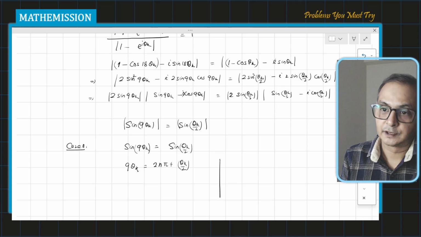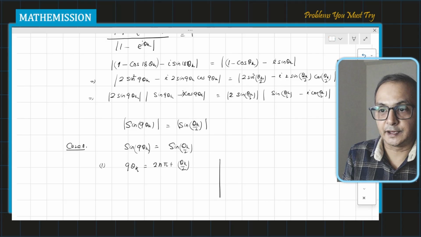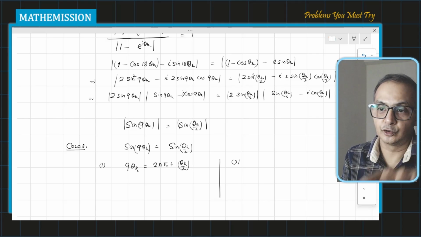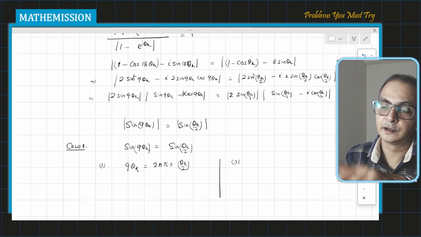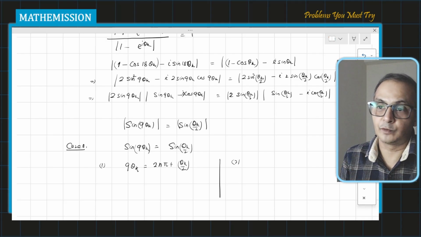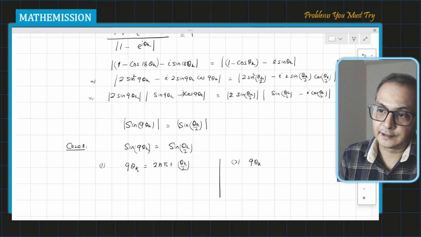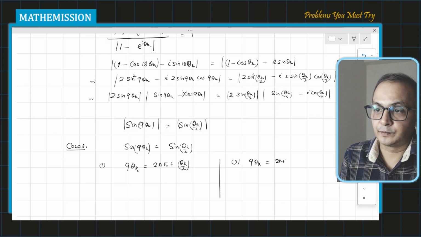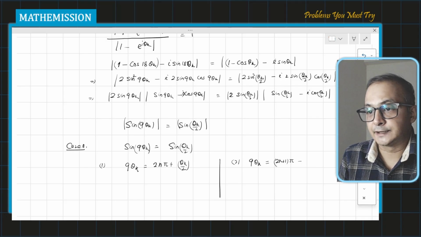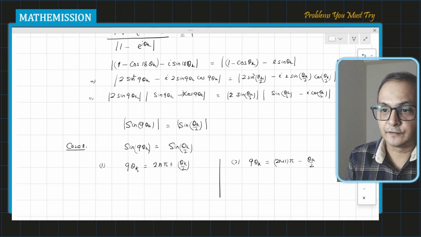Or the second case, this is the second sub case, you either go in the first quadrant by adding even pi, or you go in the second quadrant by subtracting theta k by 2 from odd pi. So 9 theta k can be written as 2n plus 1 pi minus theta k by 2. In this way I can directly find theta k.